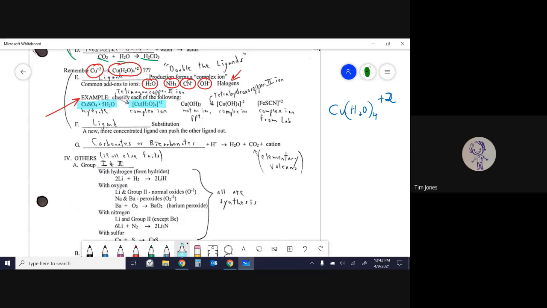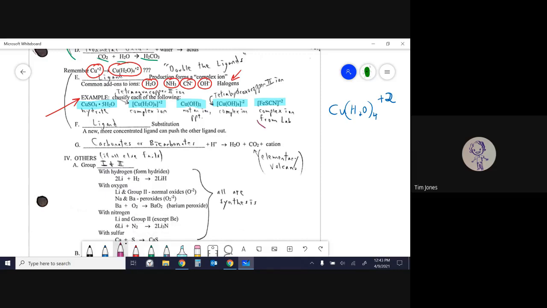Like the third example, that's just a precipitate. Fourth example, complex ion again. Partly because the brackets are telling you that, but also if you look at this, it's not what we normally see. So the fifth one, this one is a complex ion, and normally you would know this from a prior lab.